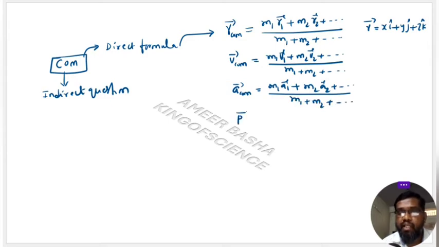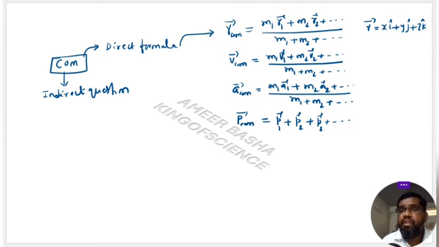So what about the linear momentum of center of mass? The linear momentum of center of mass is simply the vector sum of the individual momenta of the particles. Okay. So these are the simple definitions of position, velocity, acceleration and linear momentum.